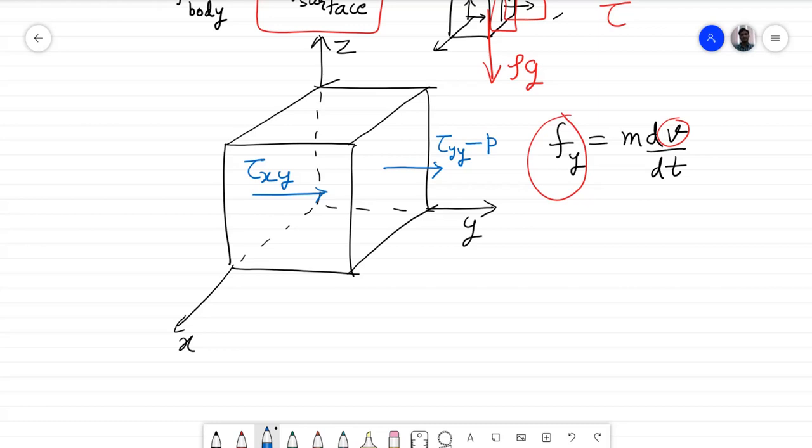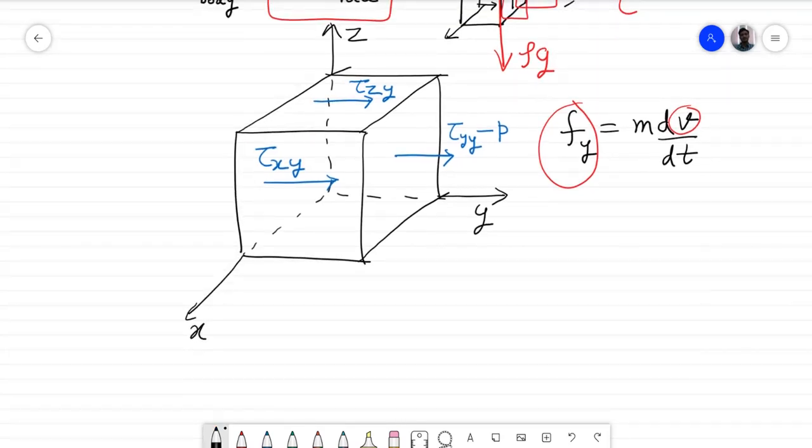It is only in the normal component, so we have already included it on the y normal surface. Similarly, on the top surface we have force on the z normal surface and the direction is y.